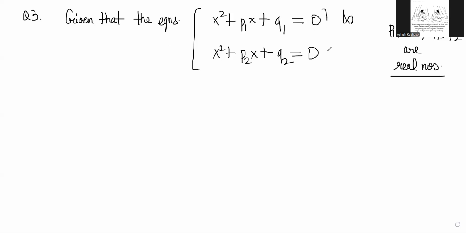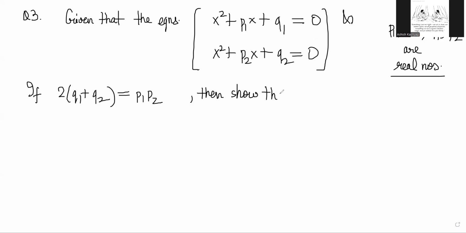These are two equations given to you, and you have to say that if 2 times of q1 plus q2 is equal to p1 p2, then show that at least one of the equations above has a real root.